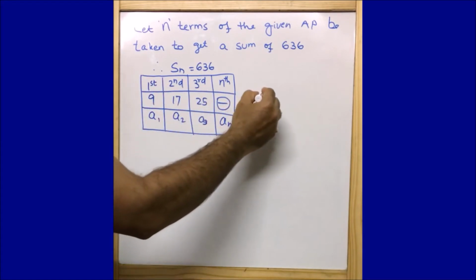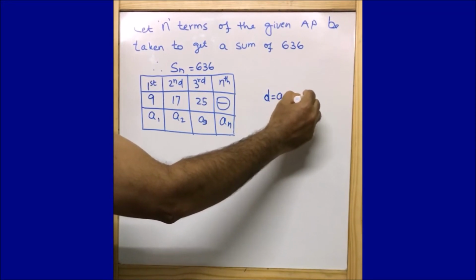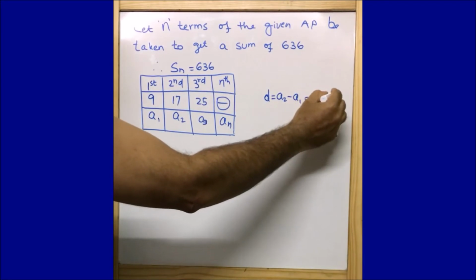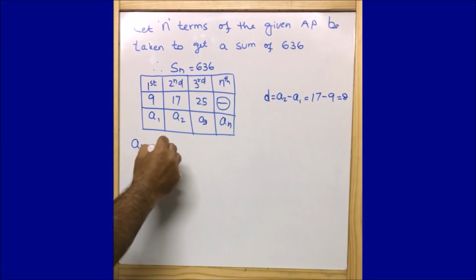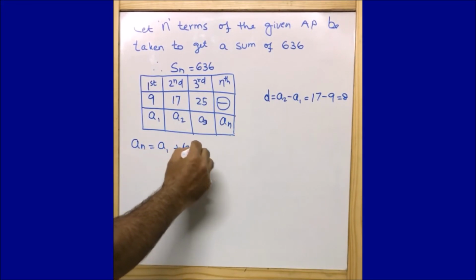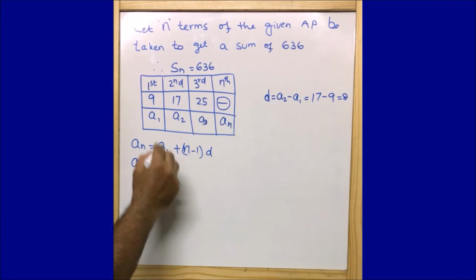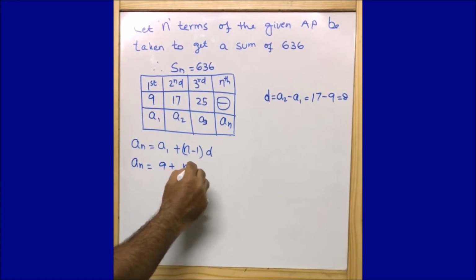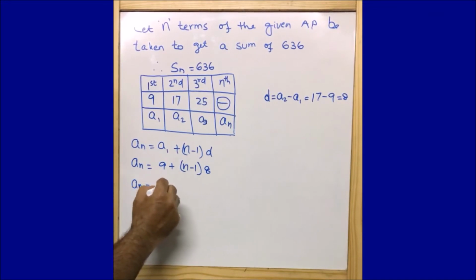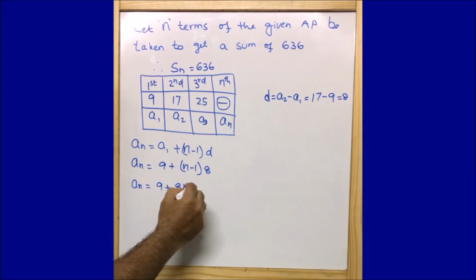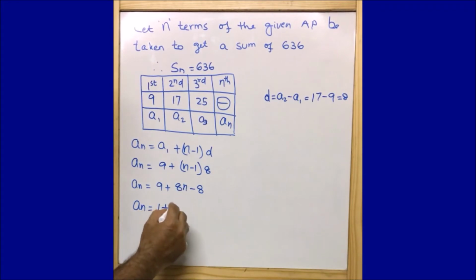Here the common difference D is equal to A2 minus A1, that is equal to 17 minus 9, that is equal to 8. Now using the formula An is equal to A1 plus n minus 1 into D, I can write An is equal to 9, A1 is 9, plus n minus 1 into 8, or An is equal to 9 plus 8n minus 8, or An is equal to 9 minus 8, which is 1, plus 8n.